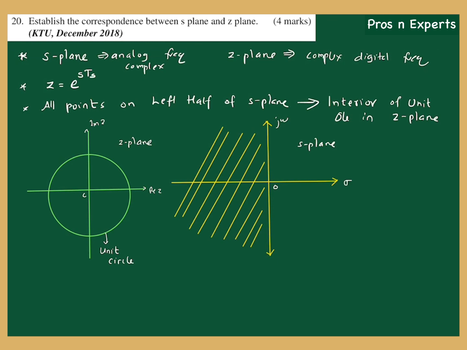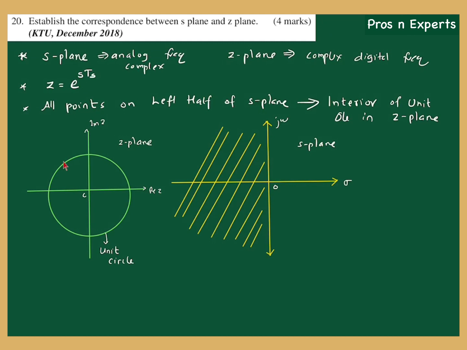Okay, listen. The yellow shaded portion is the left half of the S-plane. This is S-plane, this is Z-plane. Now listen very carefully. The point says that all the points on the left half of the S-plane correspond to the interior of the unit circle in the Z-plane.